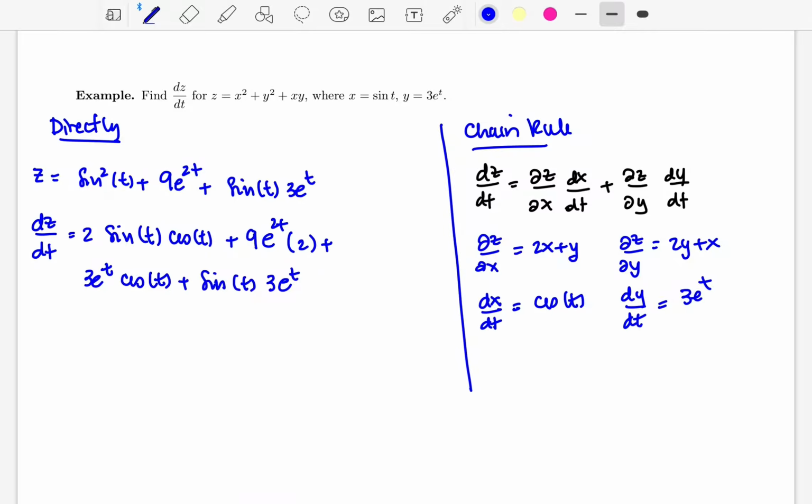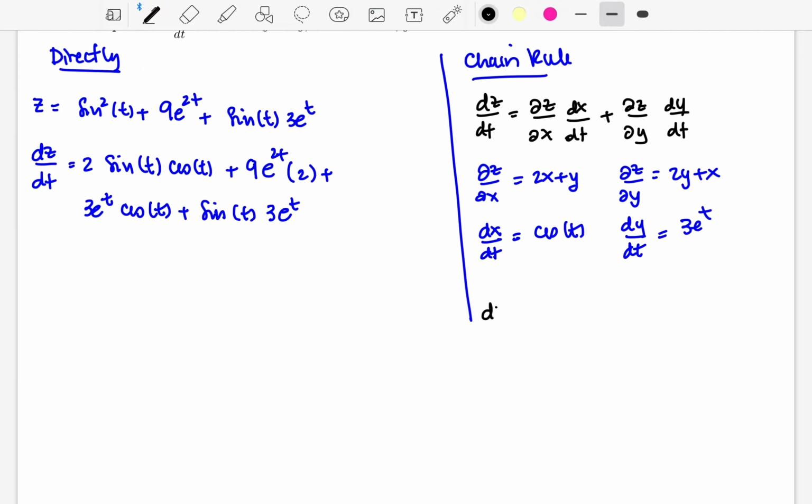And then I'm ready to put together this derivative. So I get that dz/dt is equal to dz/dx, which is 2x plus y, times dx/dt, so times cosine of t, plus dz/dy, which is 2y plus x, and then dy/dt, which is 3e to the t power.